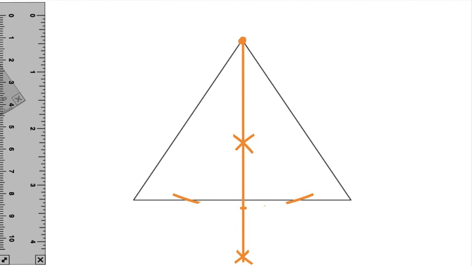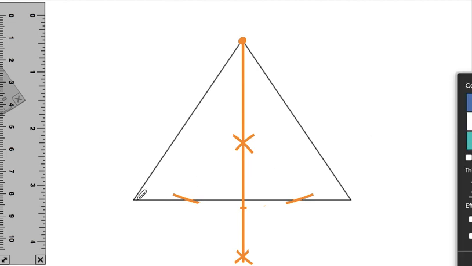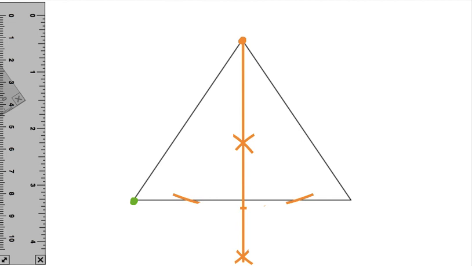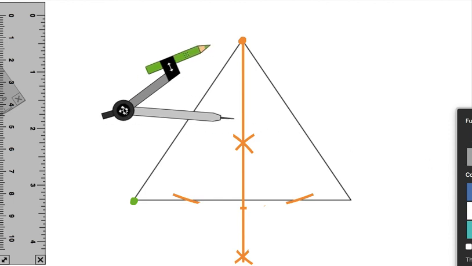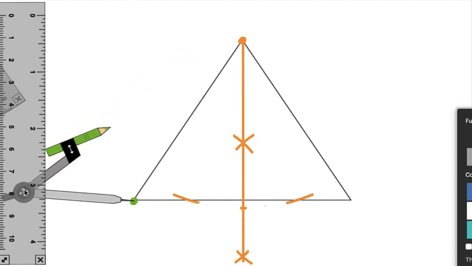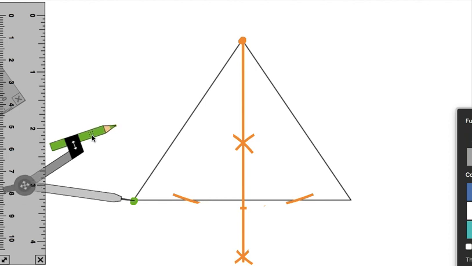So now that I have one, I'm going to start with another vertex. So if I start with this vertex, then I'm looking at a perpendicular to this side of the triangle. So with my compass, I'm going to do that same construction. I'll put the point of my compass on the vertex I'm looking at first.